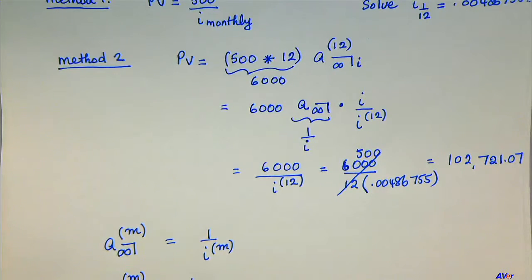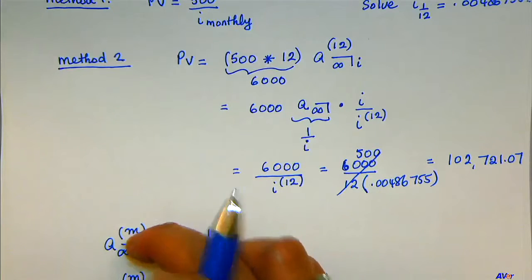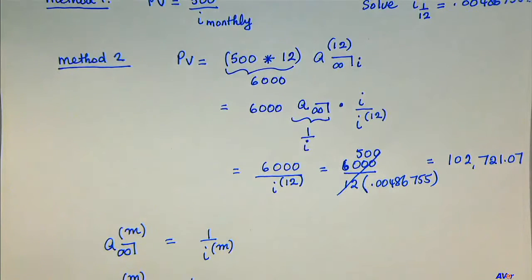One-time period of payment. Yeah, one payment, right? Because this one starts now. This one starts one period from now. So the only difference between these two present values is the present value of the first payment, which is itself.